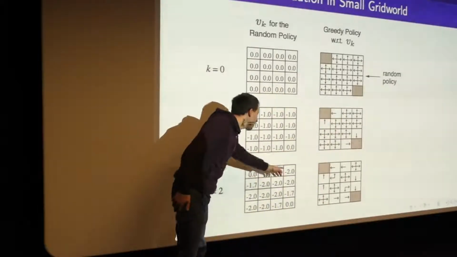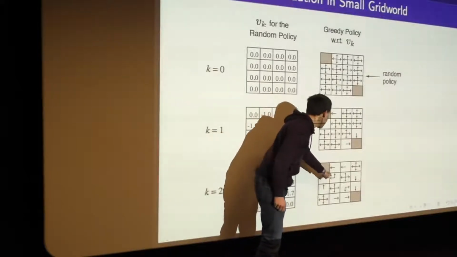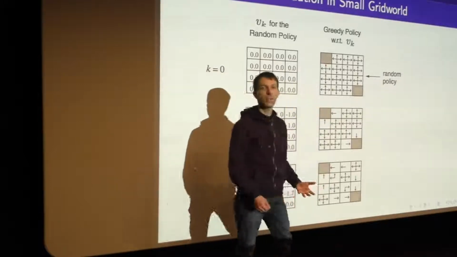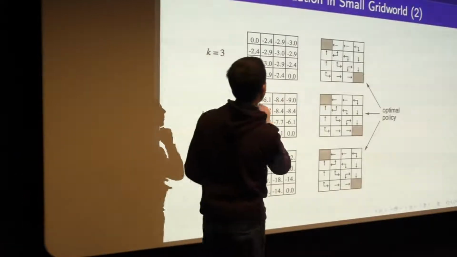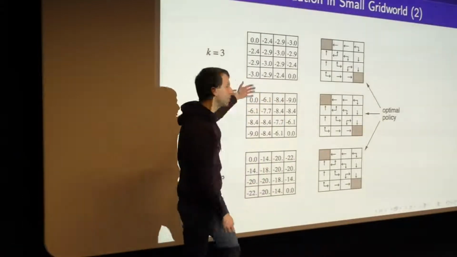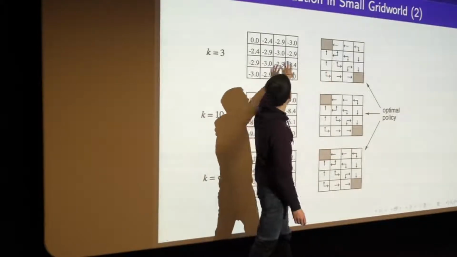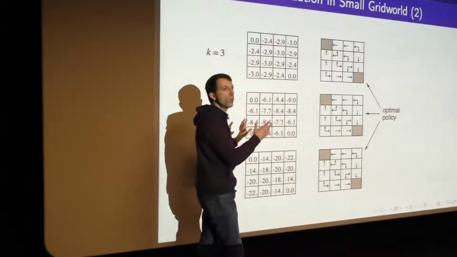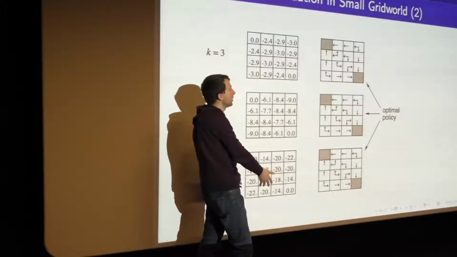If we were to behave greedily with respect to this, we start to do a little bit better. Two steps ahead, we've got this behavior where we know to either go north or west, and so forth. And after just 3 iterations, before we've even iterated all the way to convergence, we already have the optimal policy when we behave optimally with respect to this value function. So hold that thought. This intuition is going to be useful later: you don't actually have to iterate this all the way to convergence.